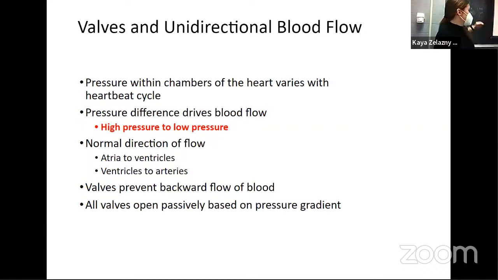None of these valves are opening or closing based on muscles. They're all opening and closing based on pressure gradients, but we will see some muscles associated with the AV valves. All those muscles are doing is preventing the AV valve from prolapsing, from blasting backwards from the sheer degree of that high pressure.